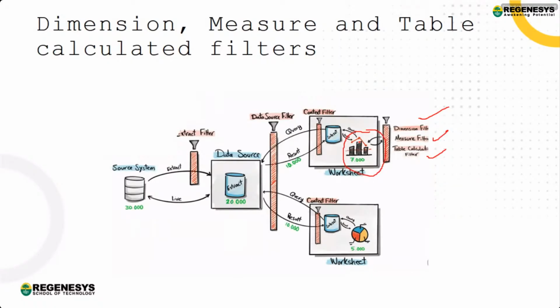In that region, if you remember, we have four or five fields: east, west, central and south. Now this is the dimension. If I need to filter only the east data, that is the dimension filter I am applying on the dimension.